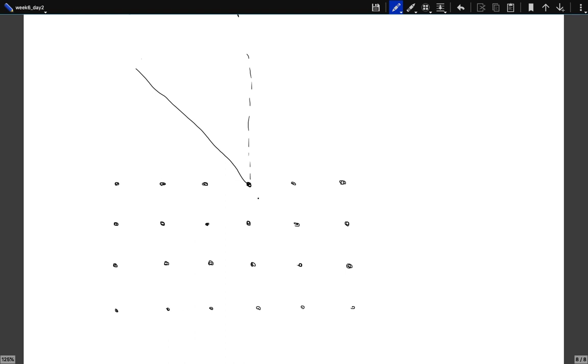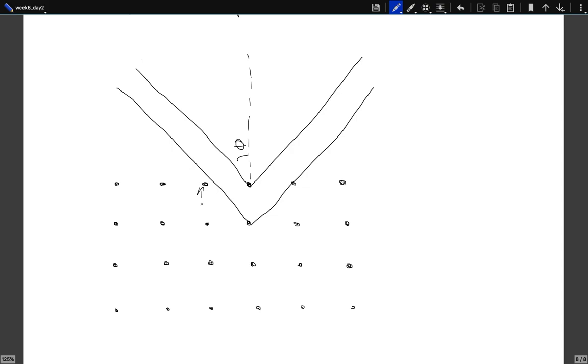some of them will be reflected from this surface, and then some other ones will just pass through and will be reflected from the next layer. Let's say this is theta.